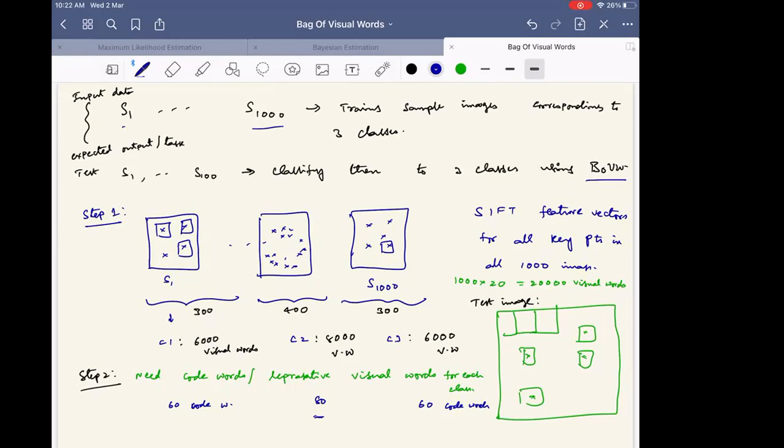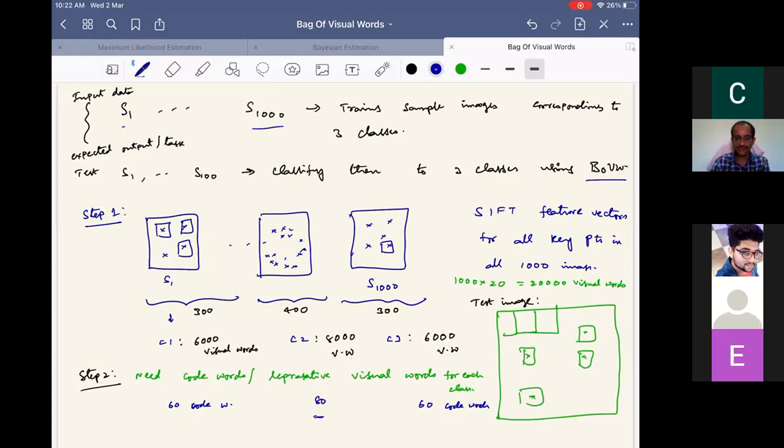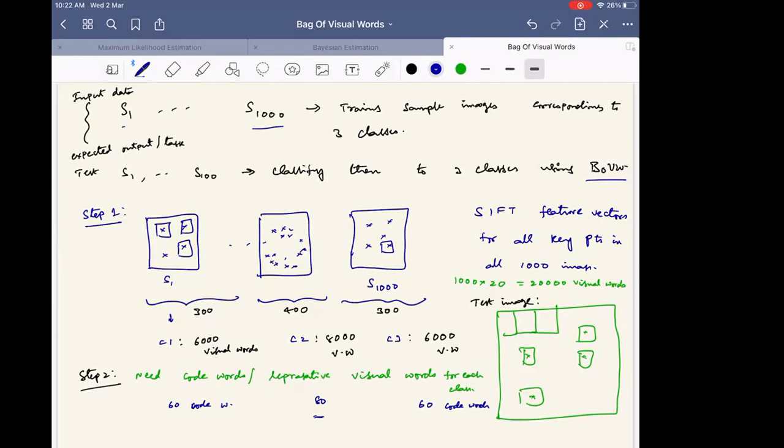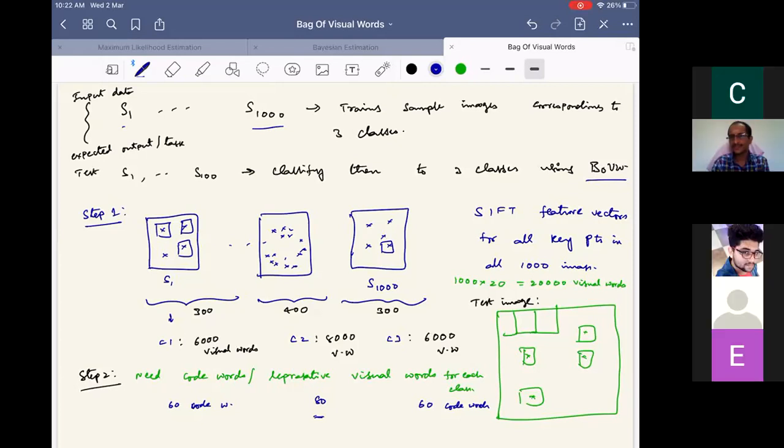What is best key point? How do I get from 80 to 8,000 to 80? Bhavya? Okay, so if anyone knows, you can tell your views. There is no single answer for it.